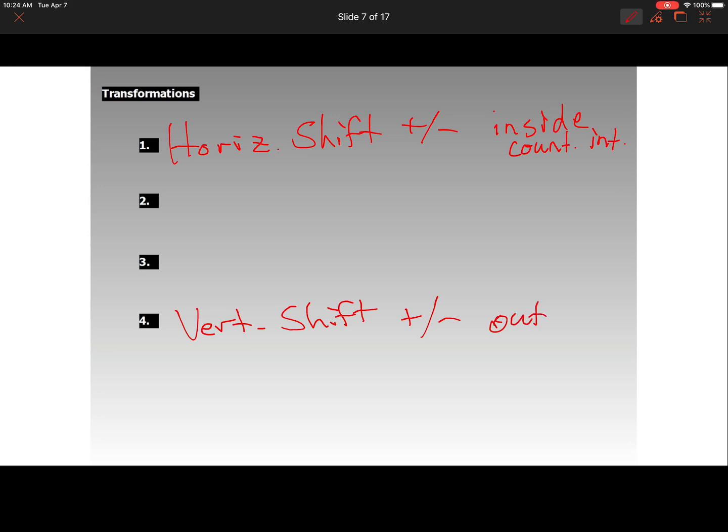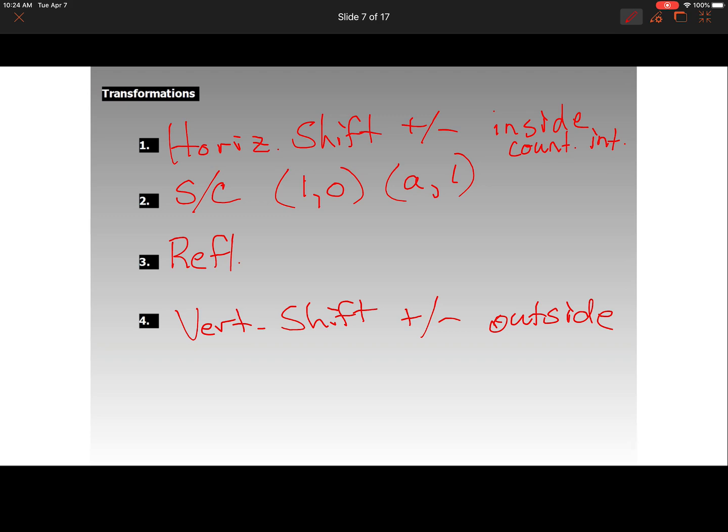If it's outside, then it's not counterintuitive, and what we see is what we do. The stretch and compress we will not necessarily need to deal with because the ordered pairs are going to take care of that ourselves. Just like exponentials, in this case, instead of 0, 1, 1, 0 will take care of it, and A1 sauce will take care of it. So that one we don't have to do a whole lot with.